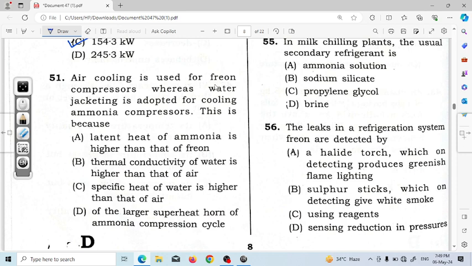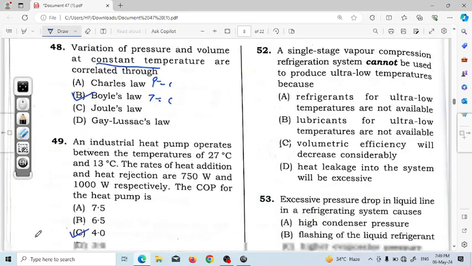Next, air cooling is used for freon compressor whereas water circulation is adopted for cooling ammonia compressor. This is because latent heat of ammonia is higher than freon. So option A is the correct answer. Next, question number 52.